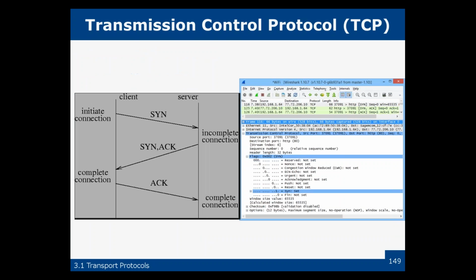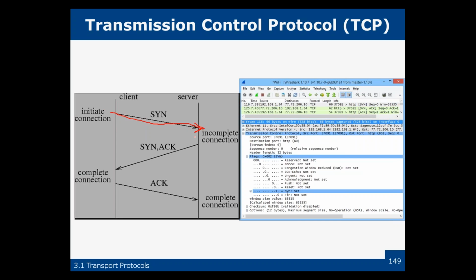I've got another slide here, the SYN-ACK. What happens in initiating the connection is that the workstation sends a SYN packet to the server that says, I want to have a conversation. I want to connect to you.